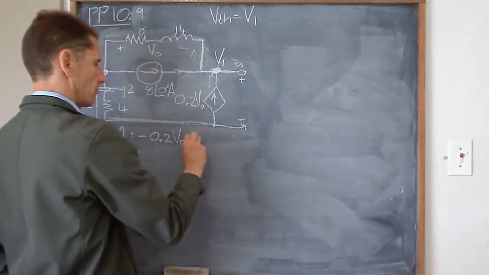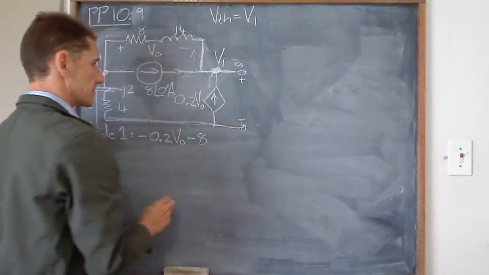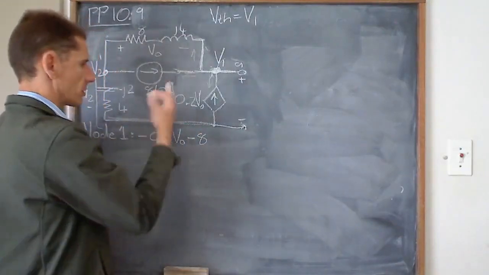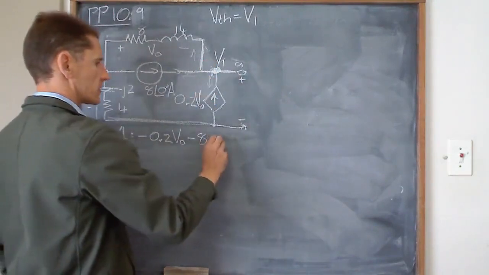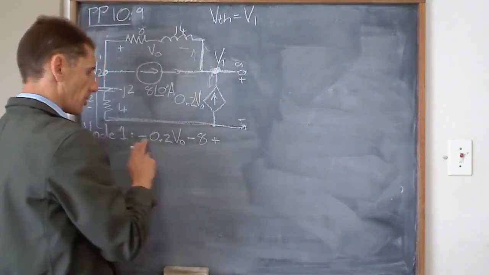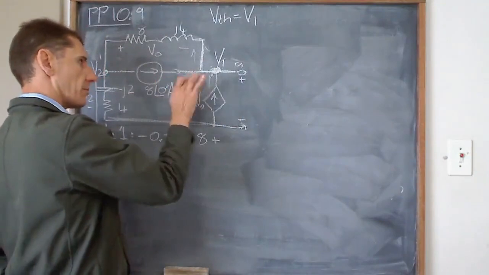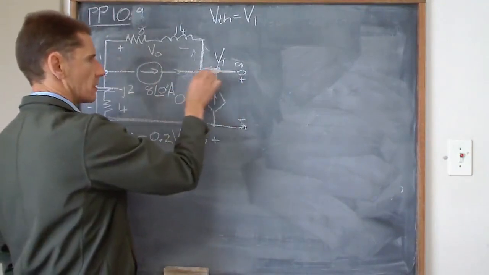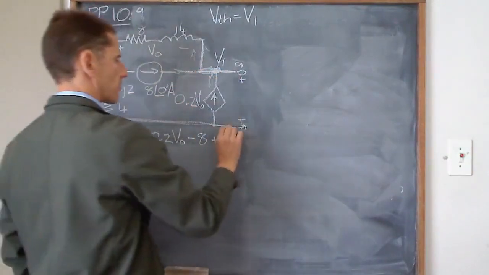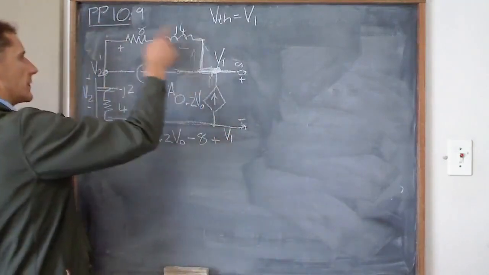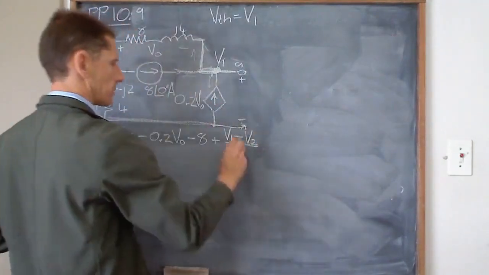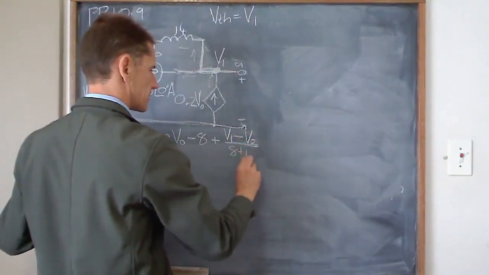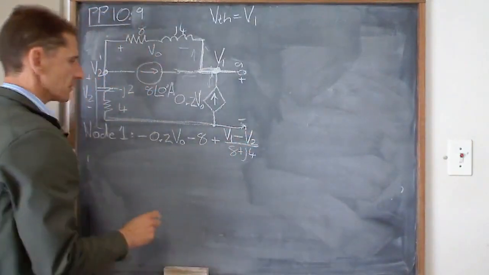I've got minus 8. I'm going to dispense with the 0 degrees because it doesn't make any difference. Both of these are minus because they're pointing into this node. And then I've got plus V1 minus V2 over 8 plus J4.